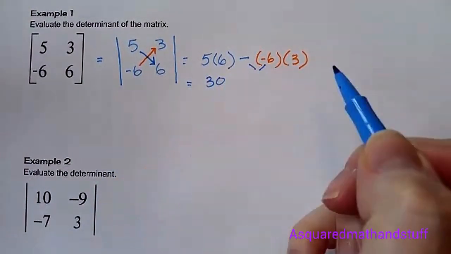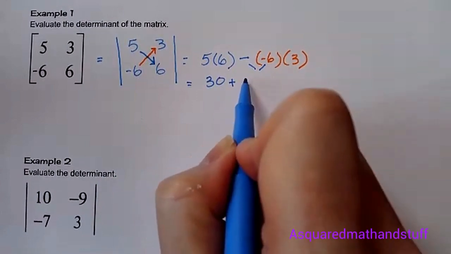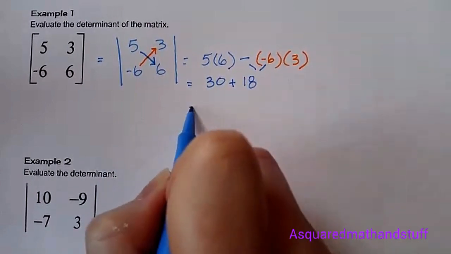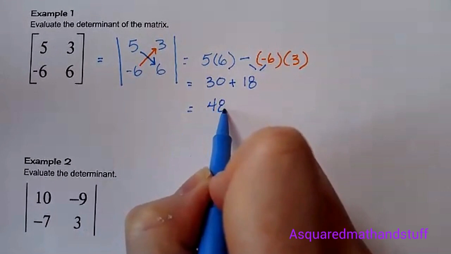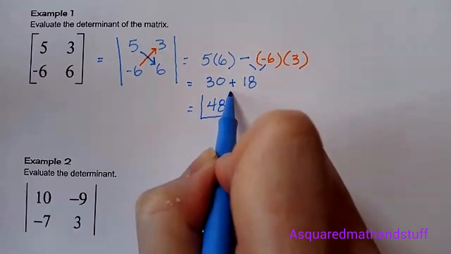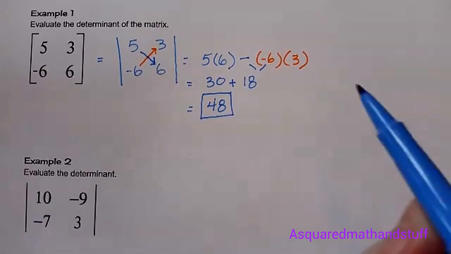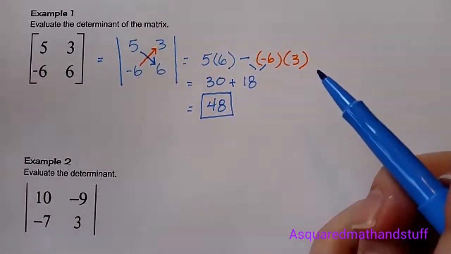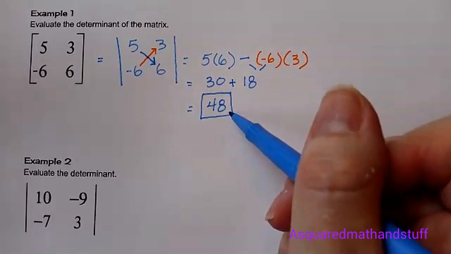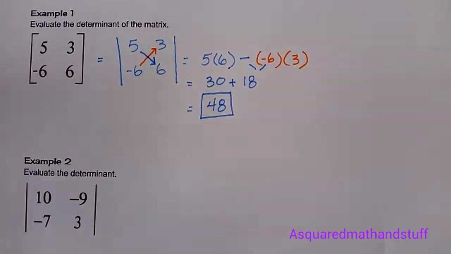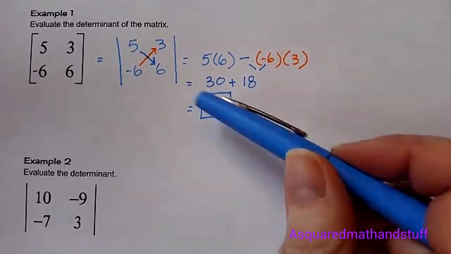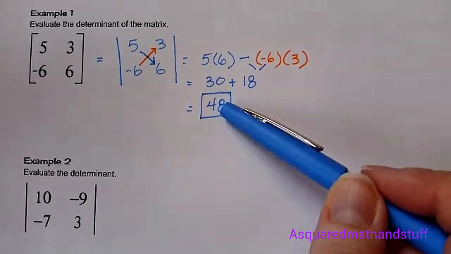We have a double negative here, which will give us a plus 18. And then our final answer is 48. So we always just get a value, a scalar value here when we're working with the determinant. If you get something more than just a single value, you've done something wrong. All right, so the determinant of this 2 by 2 matrix is 48.